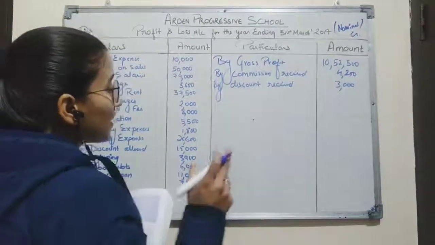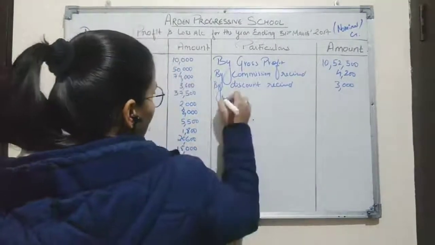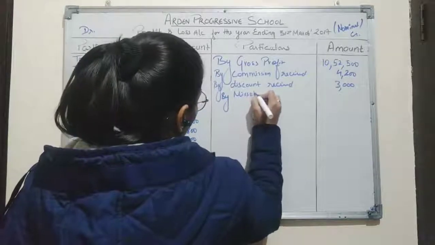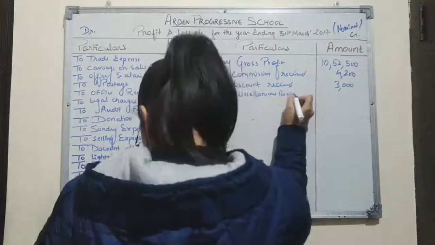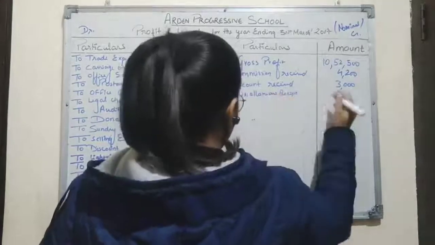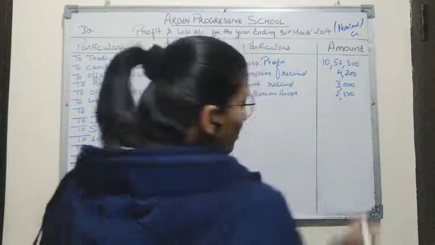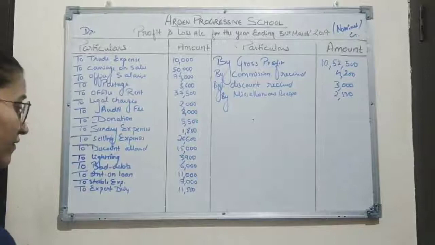Now, next is miscellaneous receipts. Miscellaneous receipts is an income for the company. So we will record it on credit side as by miscellaneous receipts. Amount is rupees 2,500. Next is unproductive expense.